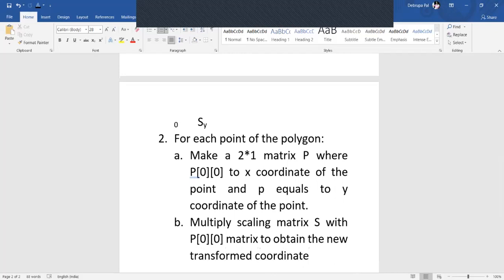So these are the two major steps of the algorithm.